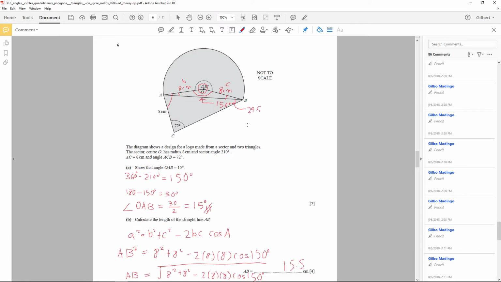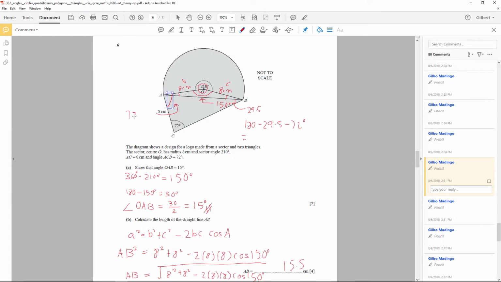Okay, so 180 minus 29.5 minus 72 degrees, you would have gotten this angle here, which is 78.5 degrees. Alright, and we know that this length here is 15.5.